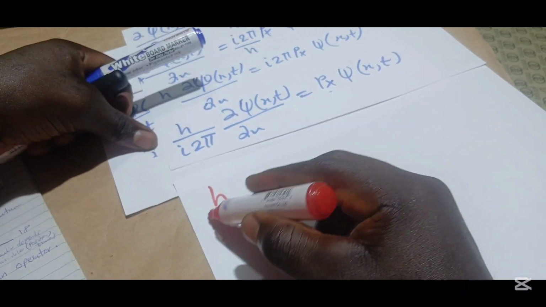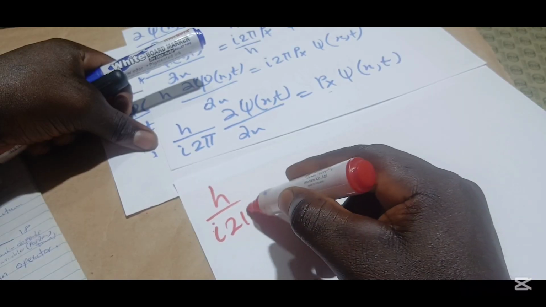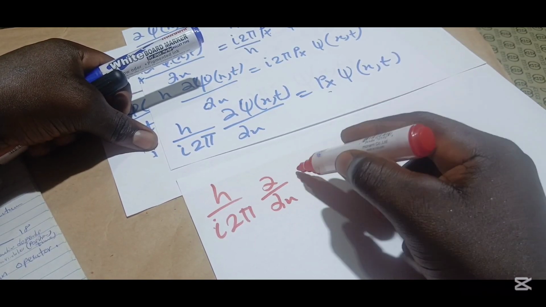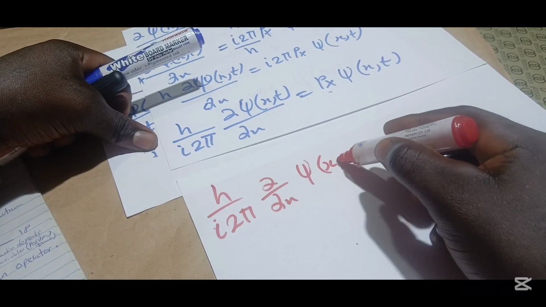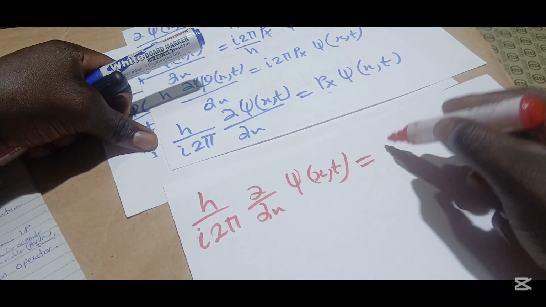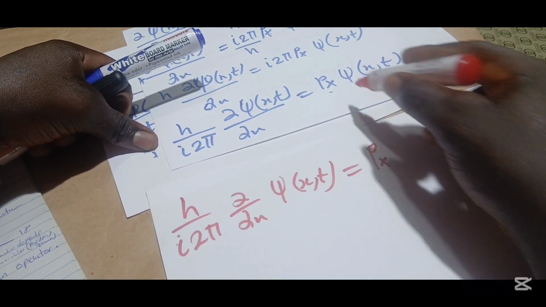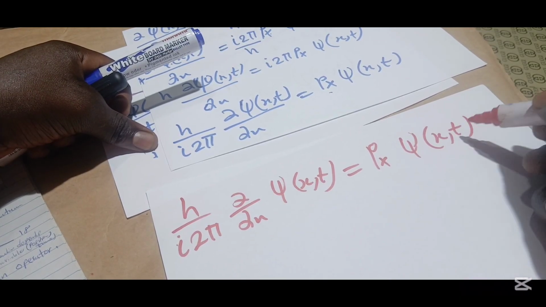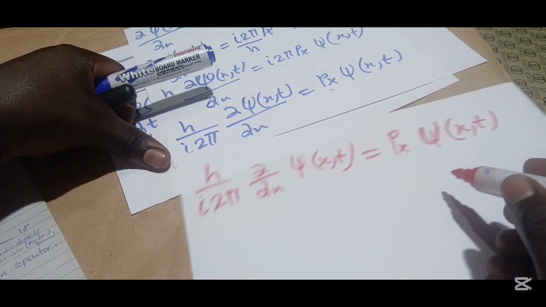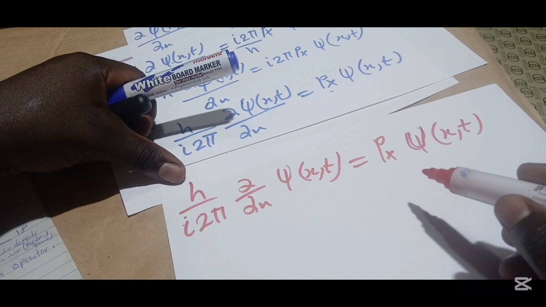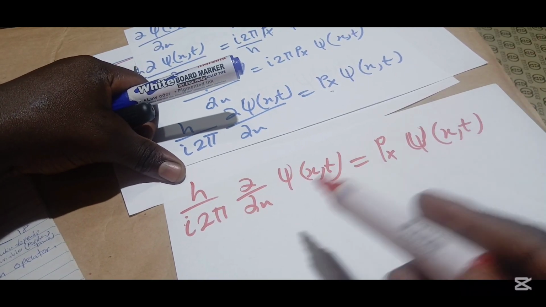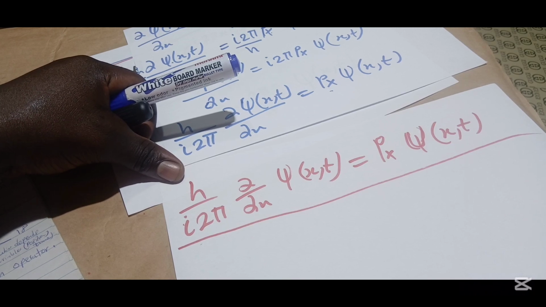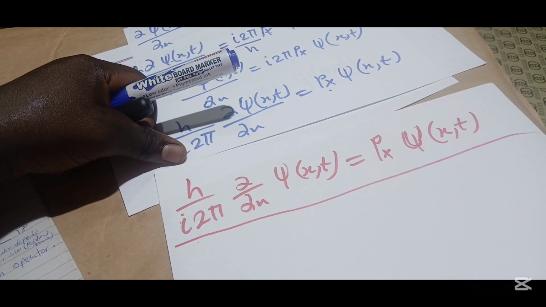We have h all over i 2π d/dx acting on the wave function, and you have p_x here, and then the wave function. I hope you get me. From eigenvalue equations, I think this video is also part of the playlist. I have a video on eigenvalue equations too.